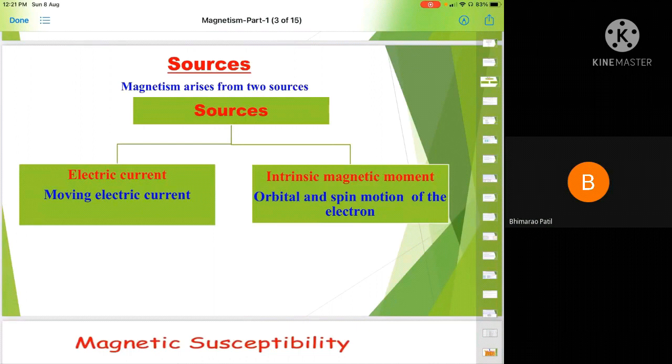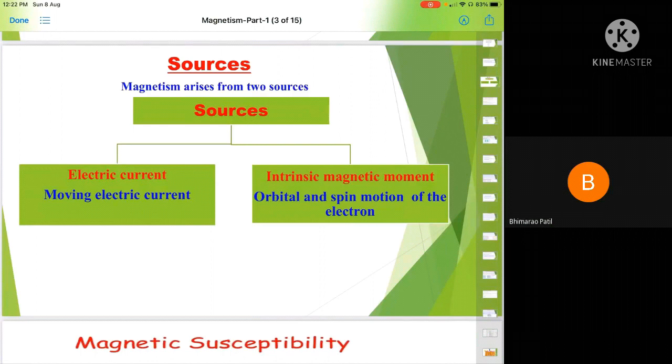But those materials which contain unpaired electrons, due to the spin of the unpaired electron, produce a magnetic moment. But that magnetic moment is spread over the whole material. The magnetic moment of that electron may be cancelled by the other electrons before the magnetic field is applied.